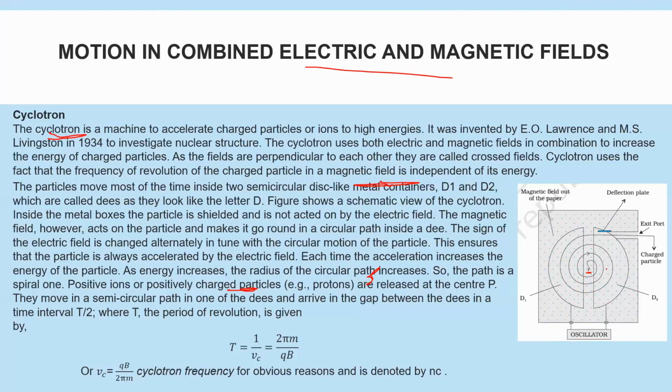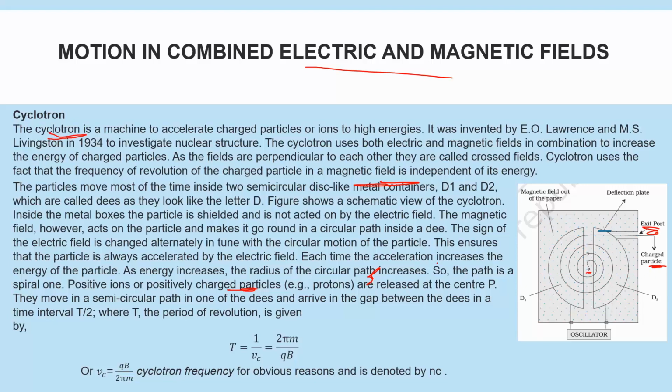When it reaches almost the edge of the container, it exits the cyclotron and is collected over this part. This is where the deflection happens and then it goes out. So this is how it works in general.